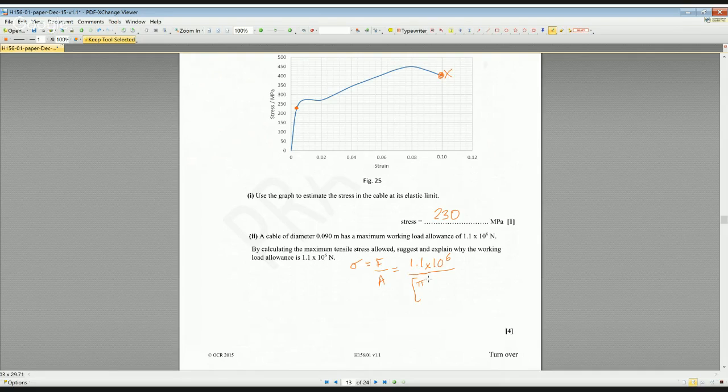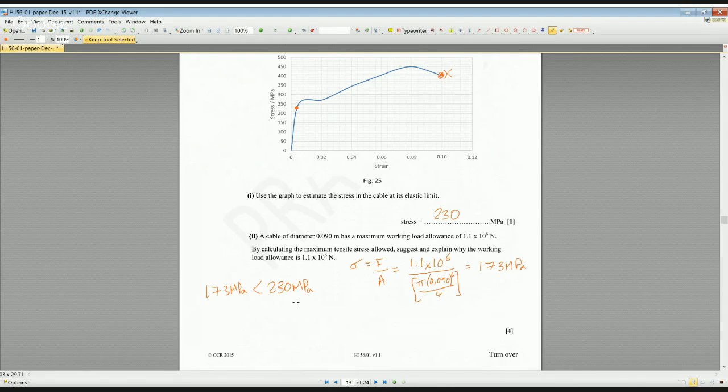So pi times 0.090 squared divided by 4. And this should give us a stress of 173 megapascals. Now, first thing you'll notice is that 173 megapascals is less than 230 megapascals. So it's lower than the elastic limit.